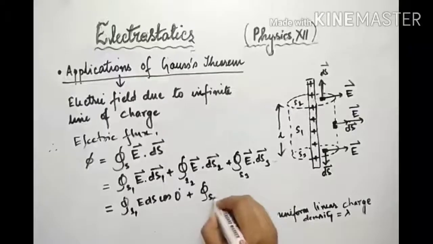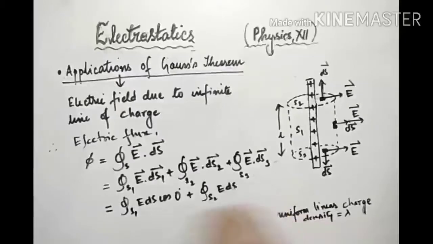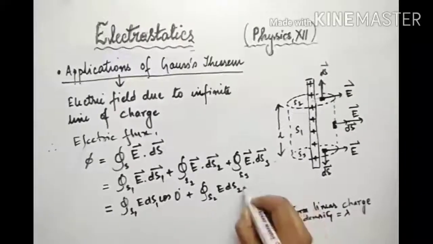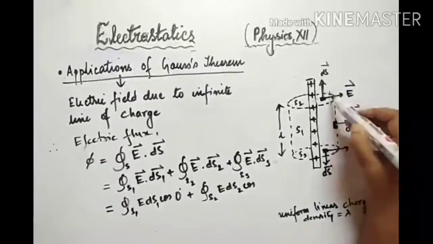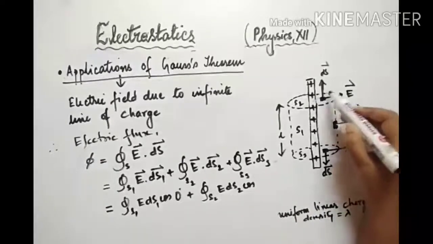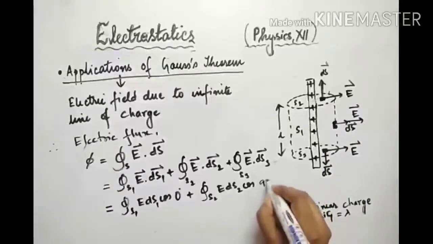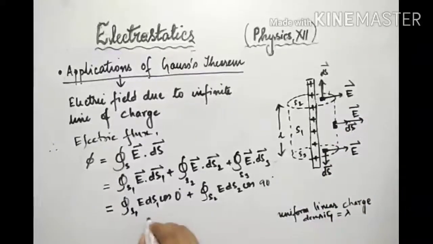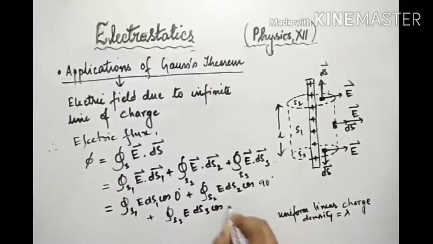For surface 2, the integral of E dS2 cos theta. Now for this surface, you see the angle between them is 90 degrees. Both of them are at 90 degrees to each other, so we will write cos 90 degrees. Next, the integral over S3 of E dS3 cos theta.